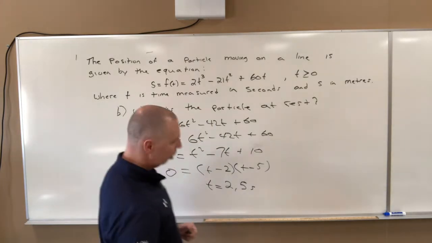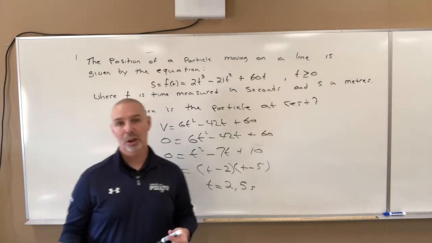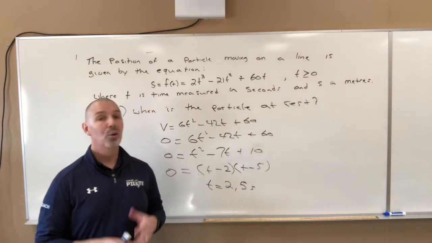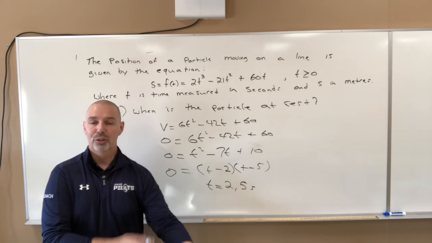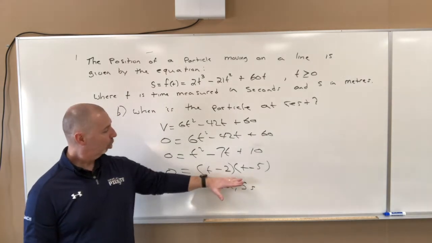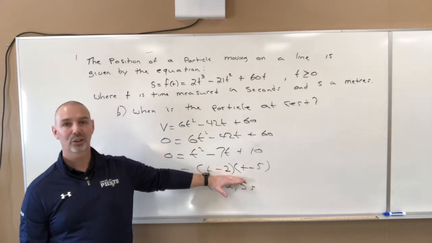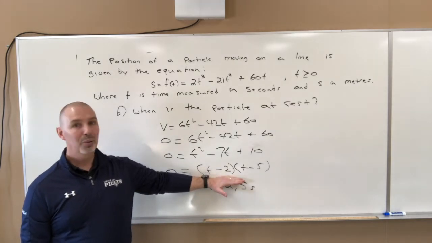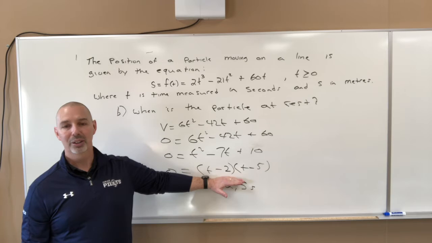All right. A part C to this question, I'm not going to write it down, but a part C could be, when is this particle moving in a positive or negative direction? And so to do that, we want to again look at this factored function. We want to know what values of t will make this factored form positive or negative.